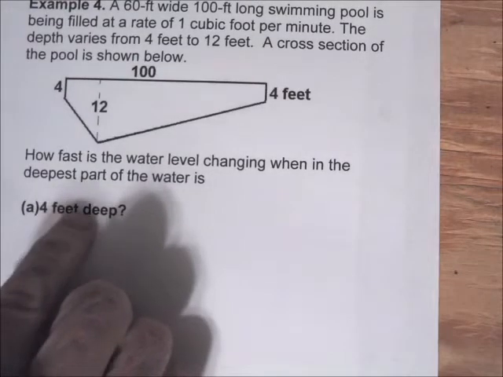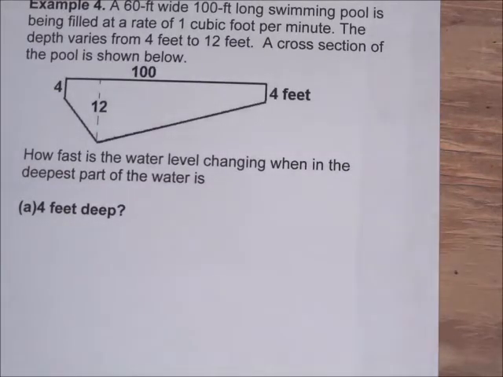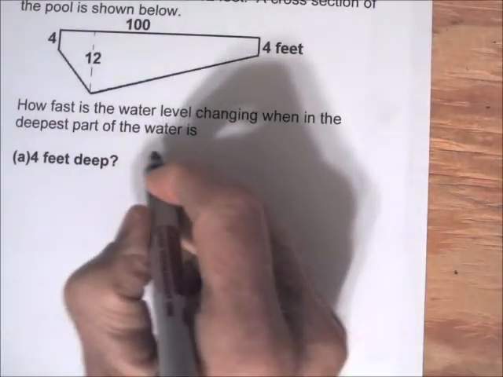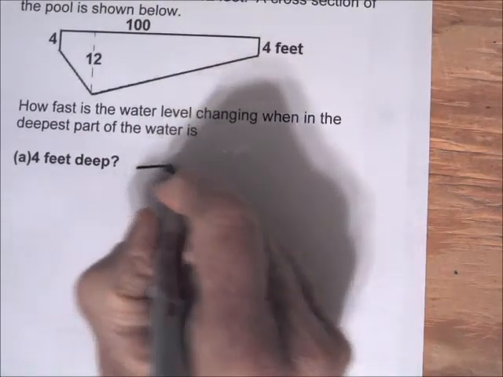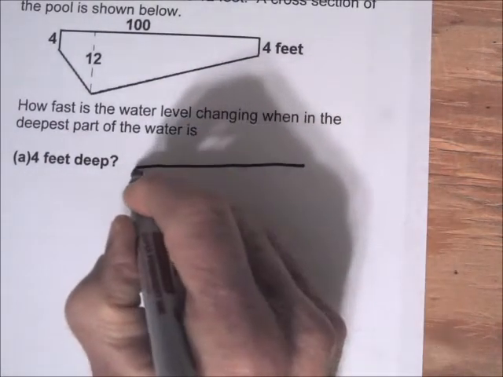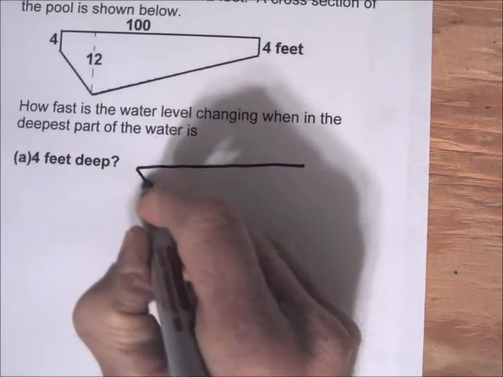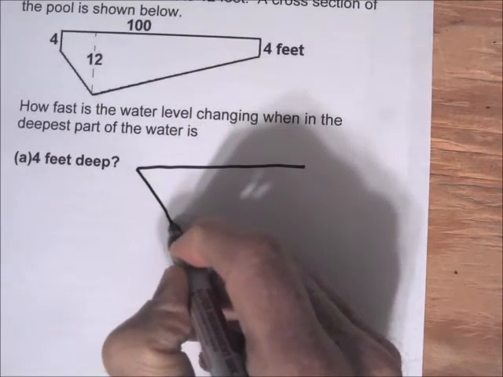So at 4 feet, we're going to be in the triangular portion of the pool. Just based on the diagram, the bottom 8 feet are going to form a triangle.